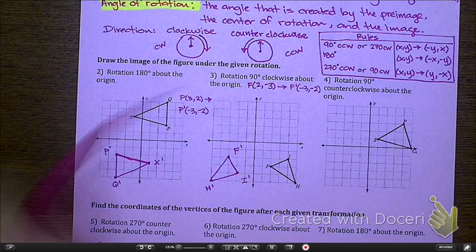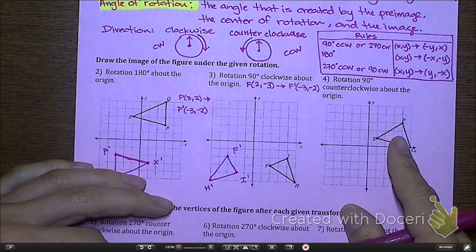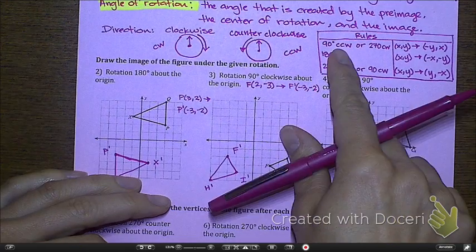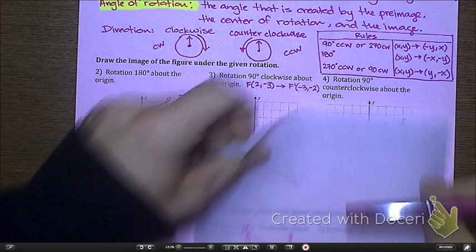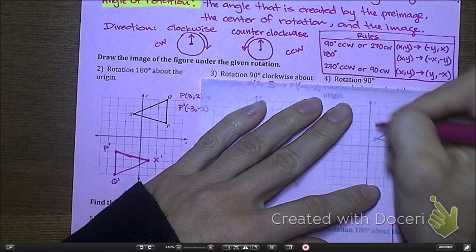All right. Let's go ahead and take a look at this next one, 90 degrees counterclockwise about the origin. Okay, so we can either use our trace paper or we can use our rule. We have a rule. We also have trace paper. Okay, I'll just use the trace paper really quickly.